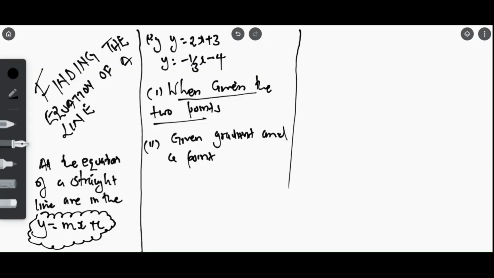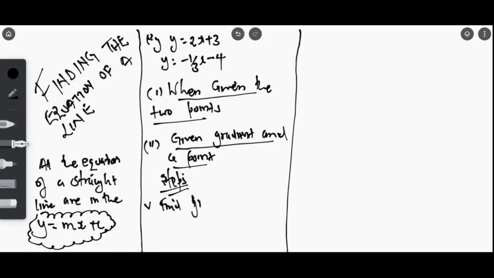So you can have a scenario whereby you're given 2 points, then they tell you to find the gradient, or else they can give you a gradient, then one of the points, and they tell you to find the equation of a line. But in all these, the steps that I normally follow are just the same. It doesn't matter what you've been given. So the first step of finding the equation of a line is to find the gradient.